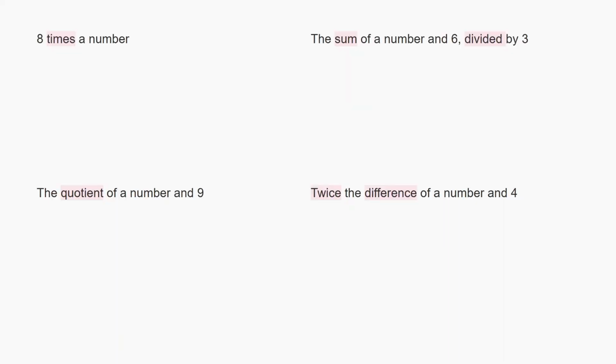Now, let's do some practice problems. I've highlighted the keywords that show what operation we should be using. Now, let's get started. So the first one is 8 times a number. Times implies that we're multiplying, so 8 times the number is going to be 8x.